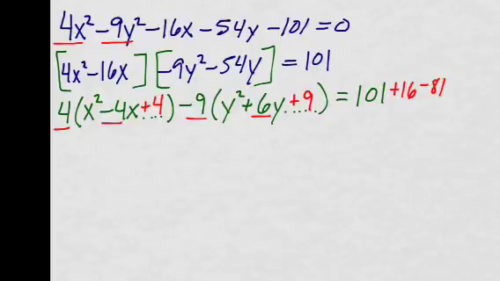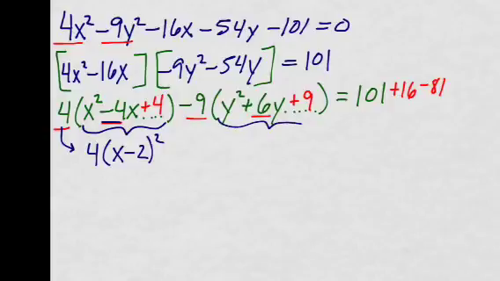Now we'll finish completing the square. This is x minus 2 squared. Again, half of negative 4 is negative 2. And that's being multiplied by the 4. This part is y plus 3 squared.